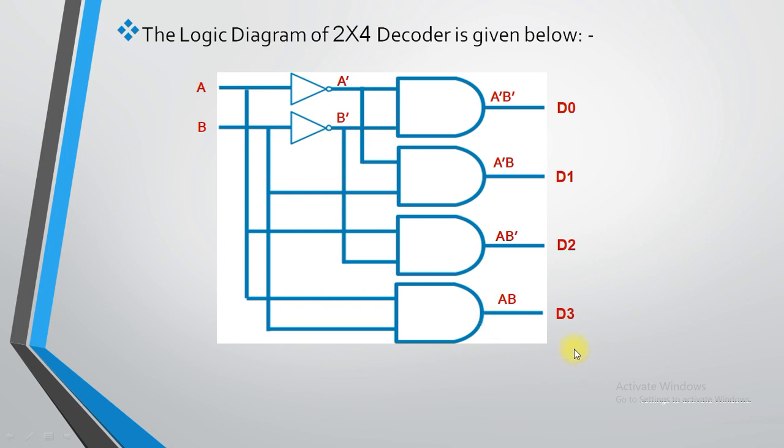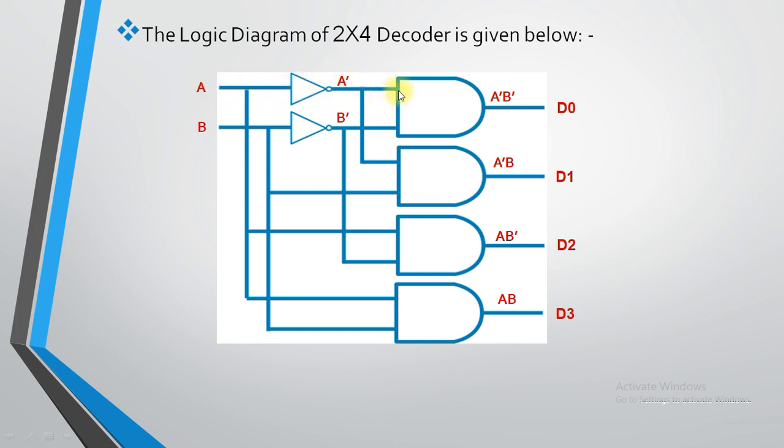Now how many input we need to pass? 2 input, that is A and B. Now for the first case, which value I need to pass? A dash B dash. So for passing A dash B dash, what I need to do? I need to use inverter, that means NOT gate. So for the first case, follow my cursor.